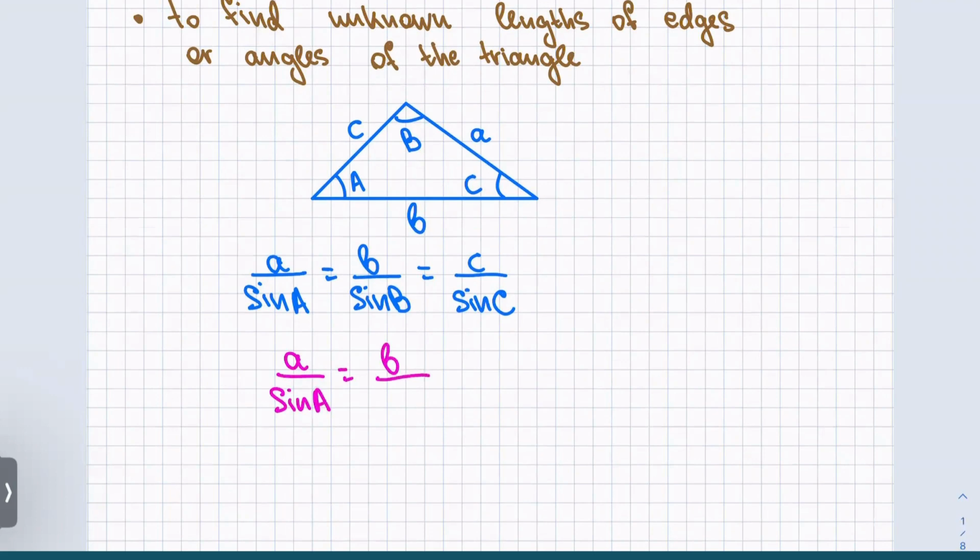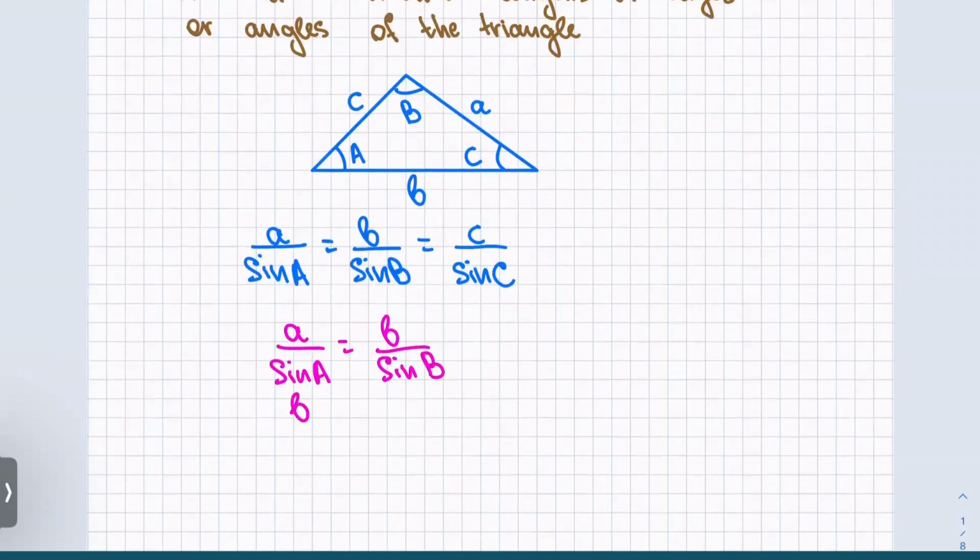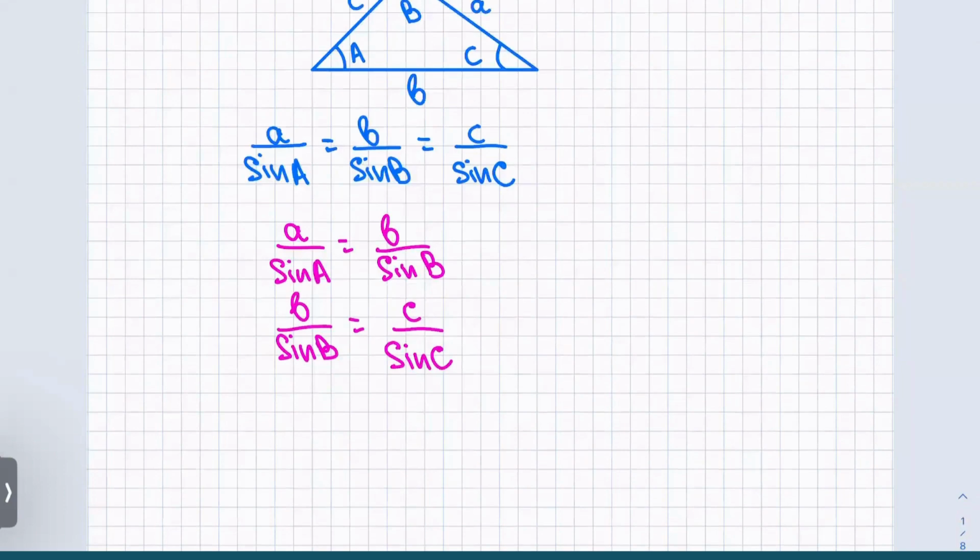So here we have that a over sine A is equal to b over sine B. This is the first equation. The second will be that b over sine B is exactly the same as c over sine C. And the third equation will be that a over sine A is exactly the same as c over sine C, dear students.